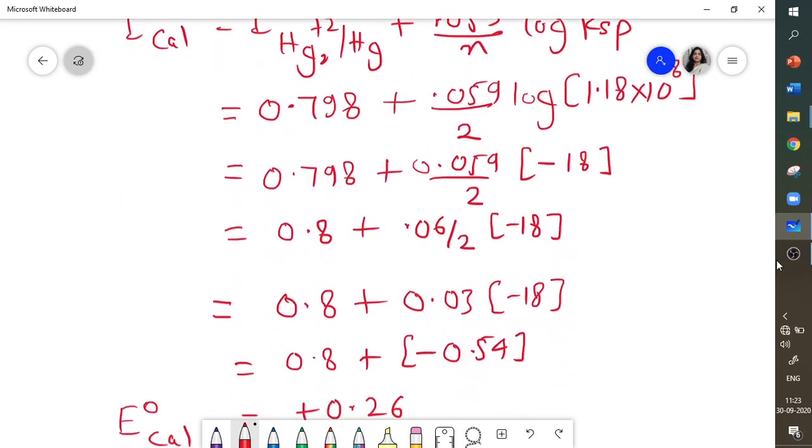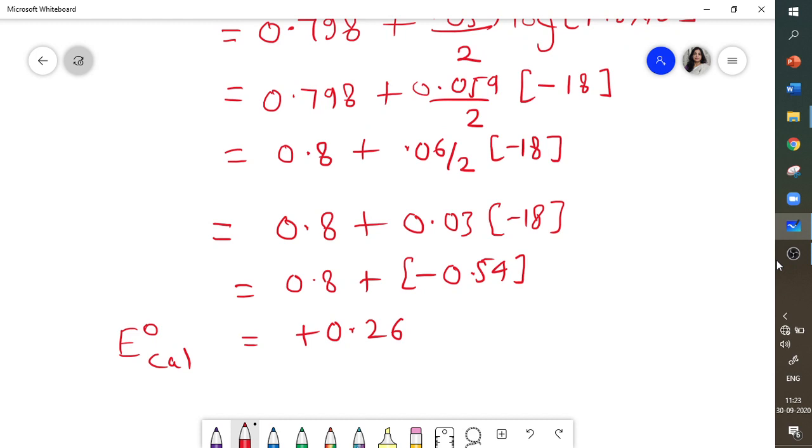So 0.26 is the E naught of the calomel electrode. That is how we are going to find it out.